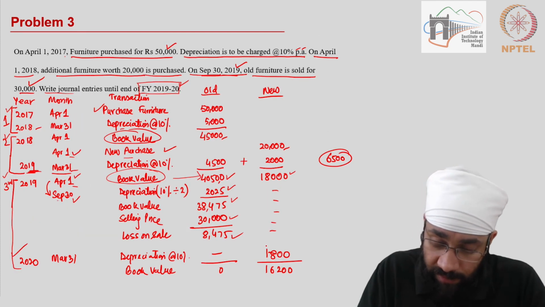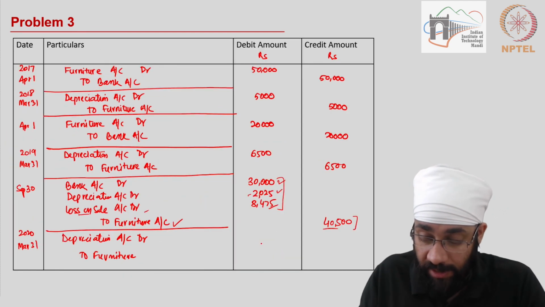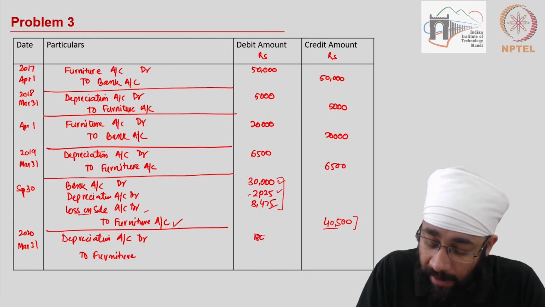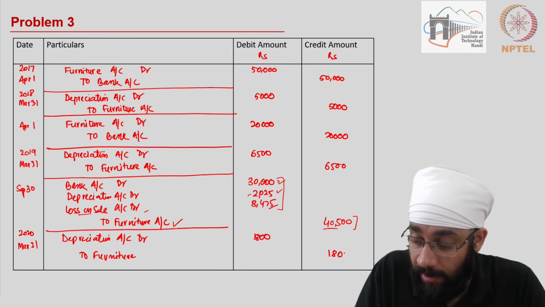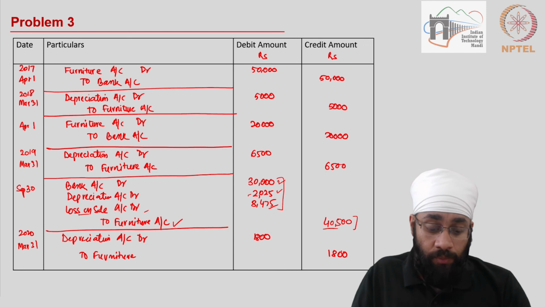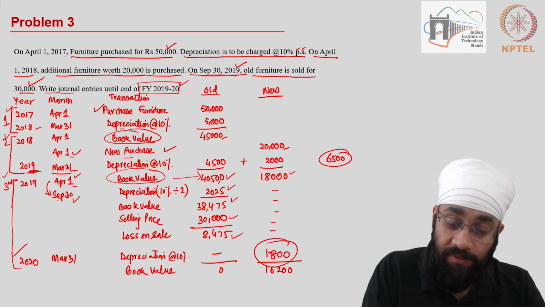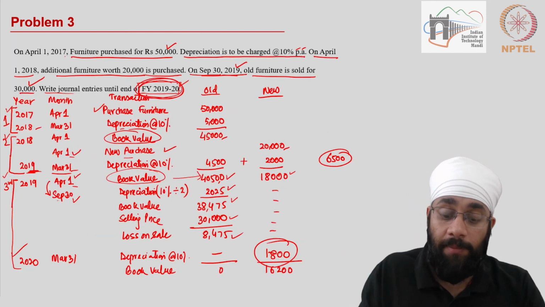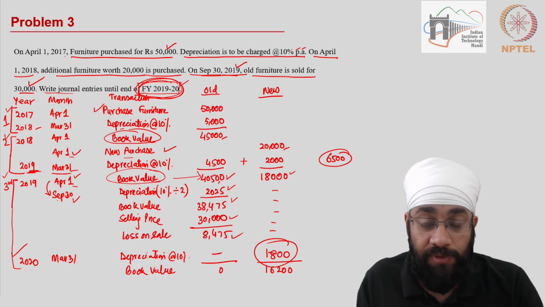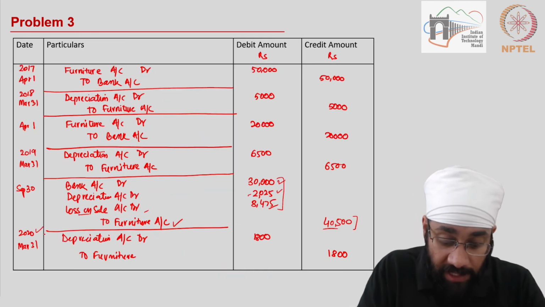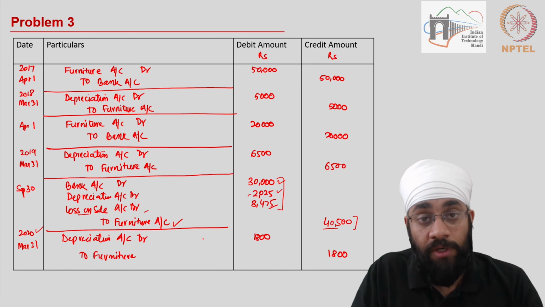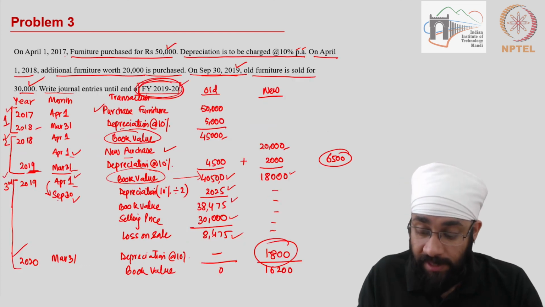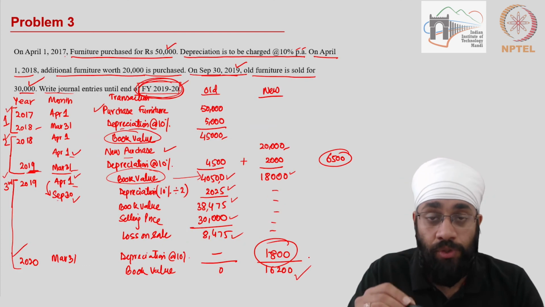The amount of depreciation is 1,800, and I'm going to write it here, 1,800. That's it. So we were supposed to prepare the transactions for up to financial year 2019 and 20. We have done that. This new furniture still remains in the business, and its book value is 16,200.